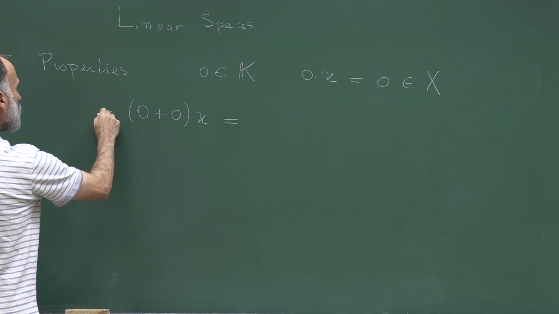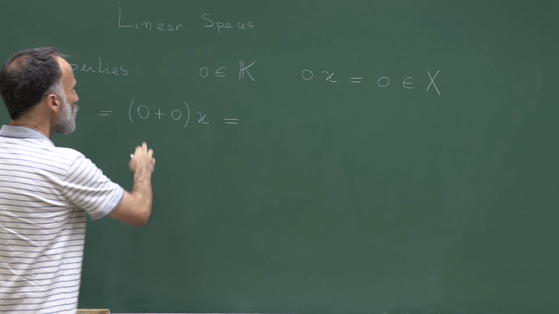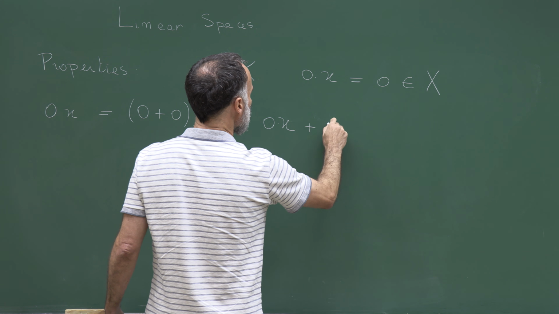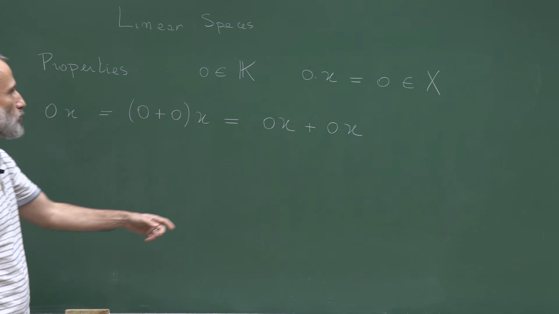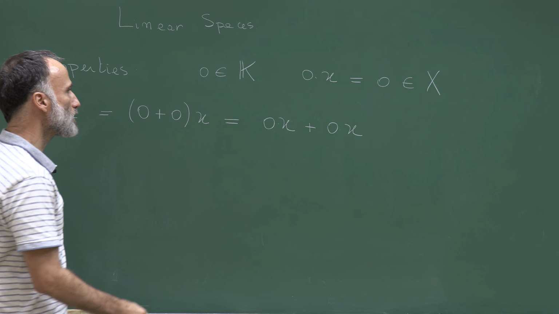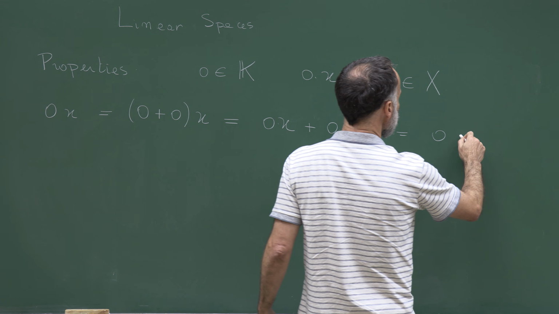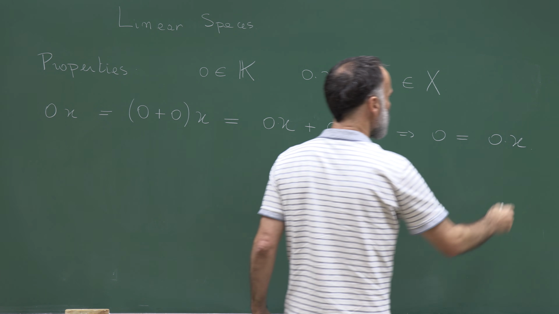What do I get? Well, on the one hand, this is 0 times x. On the other hand, by distributing, this is 0 times x plus 0 times x. And therefore, now if I subtract this element on both sides, what I get is that 0 is indeed equal to 0 times x, right?